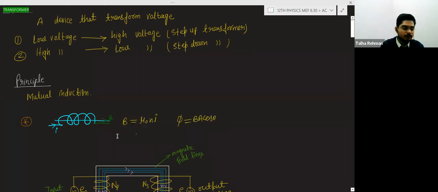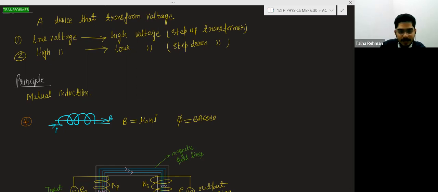In the solenoid the current is I, and this is the direction of the magnetic field. This magnetic field is axial.